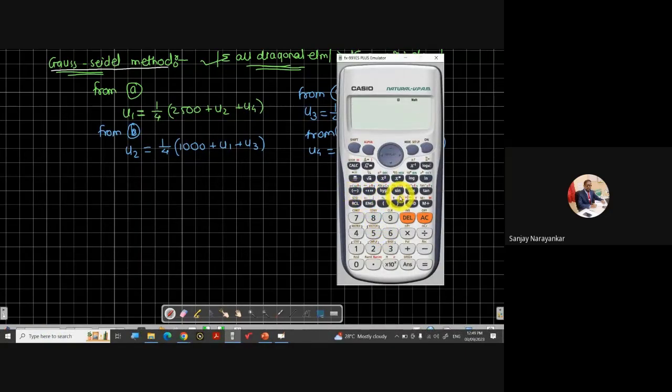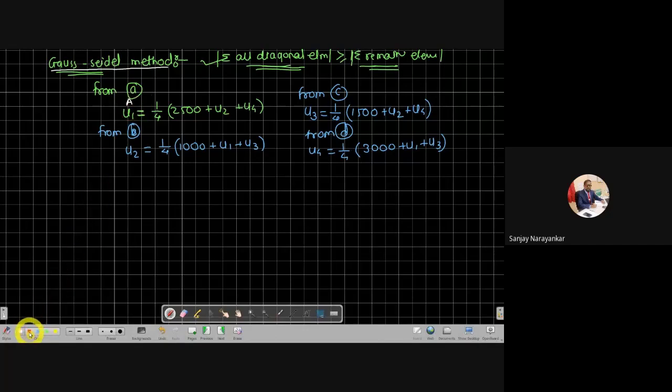A, B, C, D. So U1 is A, U2 is B, U3 is C, and U4 is D.